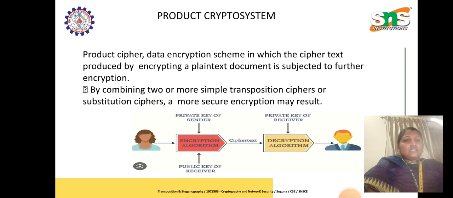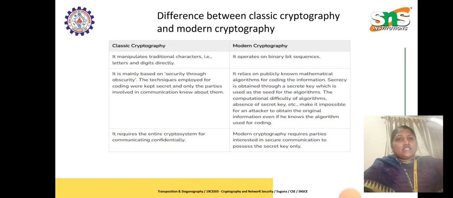We learned some substitution techniques like Caesar cipher, Playfair cipher, monoalphabetic, polyalphabetic, and Vigenere cipher, and also transposition ciphers such as Rail Fence cipher and row column transposition ciphers in the previous topic. All those techniques were combined to produce a product crypto system. Product just means we are combining both substitution and transposition techniques.